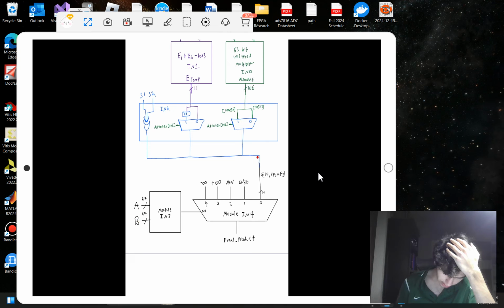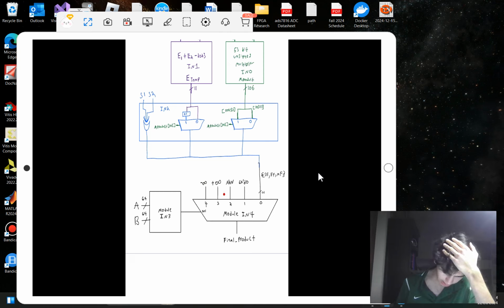Then rather than going through this whole process and calculating this, we're just going to set it to 0 no matter what. Or let's say we have positive infinity times negative infinity. Like A is positive infinity and B is negative infinity, or the other way around. Then we're going to just set it so that the floating point representation for negative infinity gets steered up no matter what.